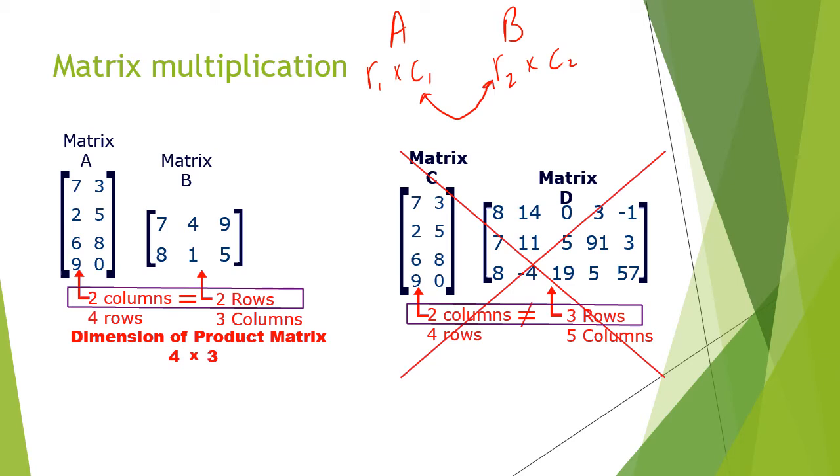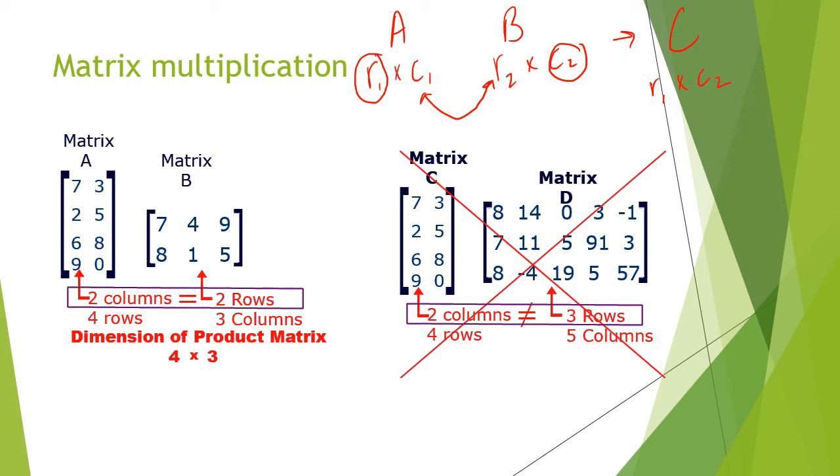I call it making a smile. If it's not the same, then it will not produce. There's no product. Okay? The rows in matrix A and the columns in matrix B are going to be the rows and columns of your product matrix.